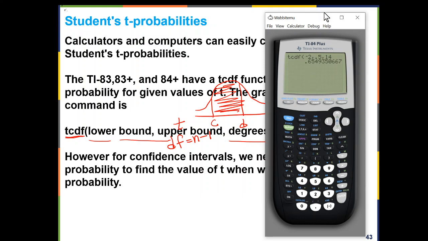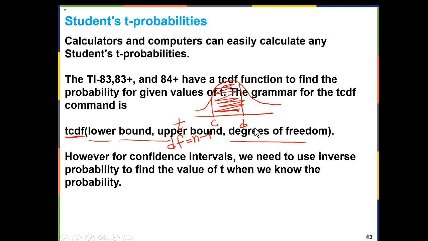So that would be 65%. That means if we were working with a T distribution with degrees of freedom of 14, then the probability that the number is between -2 and 0.5 is about 65%.